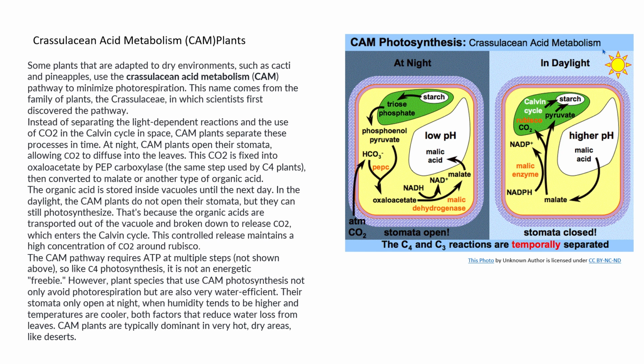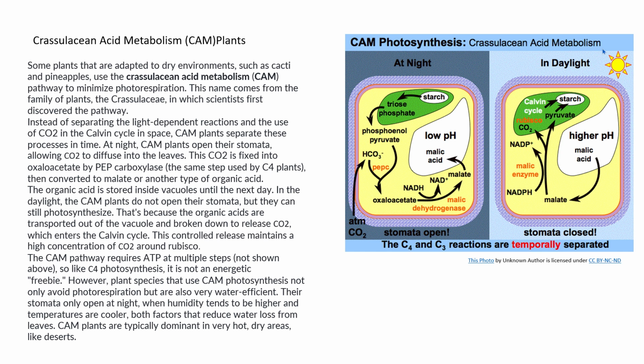In the desert there are such high temperatures, and the cactus can't take that energy while having so much temperature, with direct sunlight on it. So the photosynthesis process in the cactus generally occurs in the night time. Some of the plants that are adapted to the dry environment, such as cacti and pineapples, use the CAM pathway to minimize the photorespiration method.